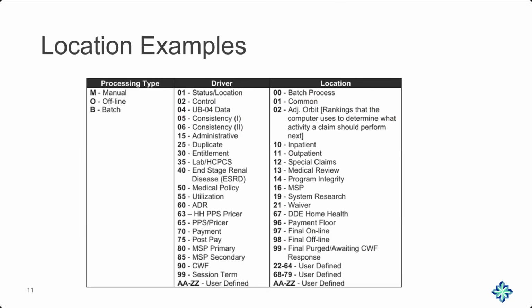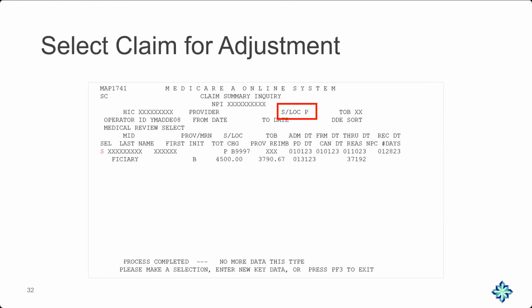Now in this instance, what you need to do is place an S in front of the claim. And then what you're going to do is press enter. You'll notice when the claim opens that all the fields are going to be blank. So if you didn't notice the status location, when you see that all the fields are blank, that's going to be your clue that this claim is offline. And then from there, you press F10.